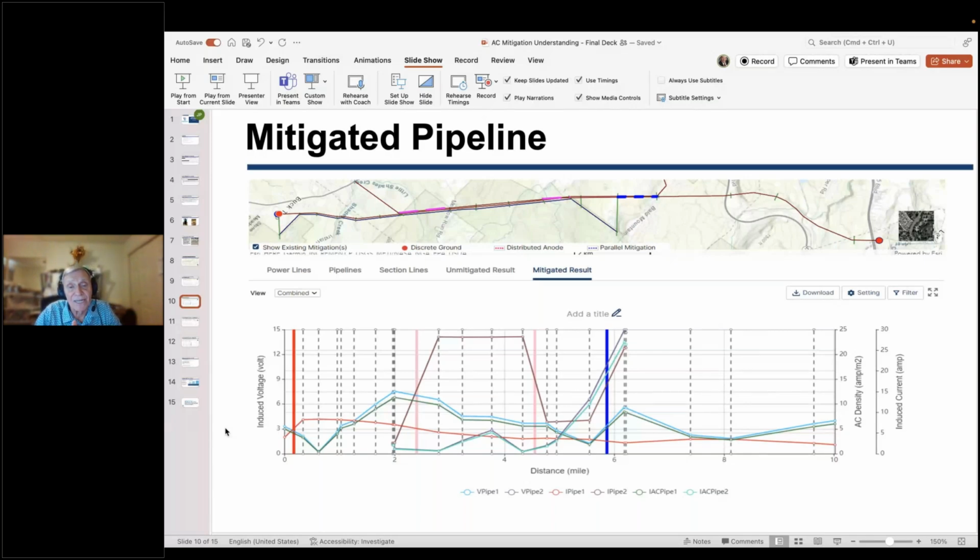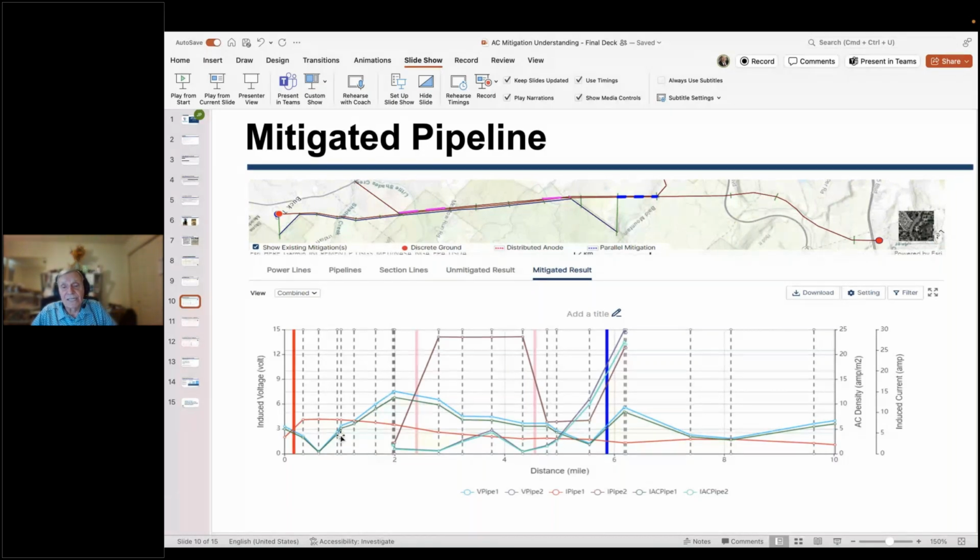Okay. So on the next slide, we're going to see the mitigated side where we're going to have three different types of mitigation and bonding at all of those points that we talked about. Okay, we had bonding where that pipeline came in, but the red one right here is this one right here. That's a discrete.